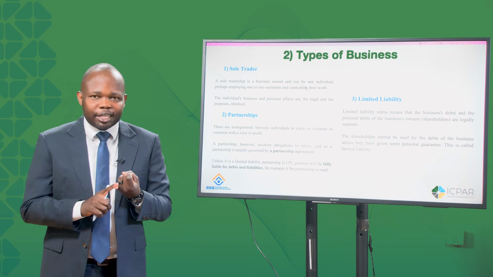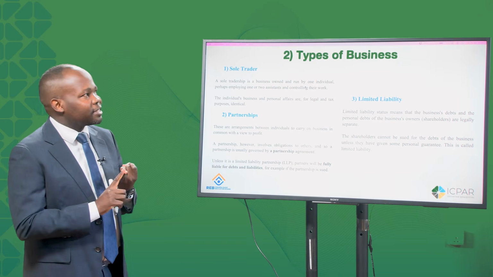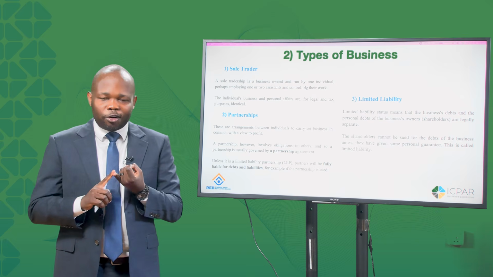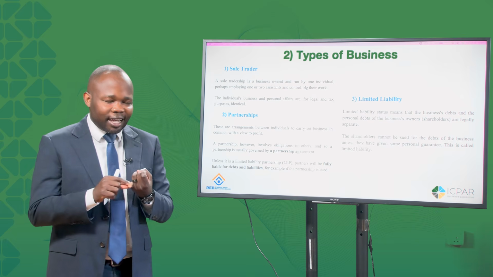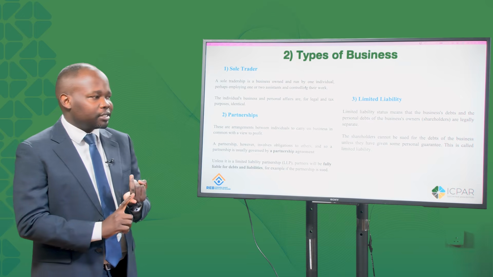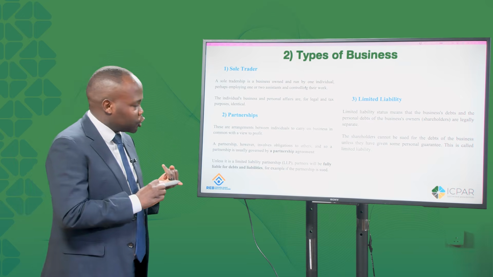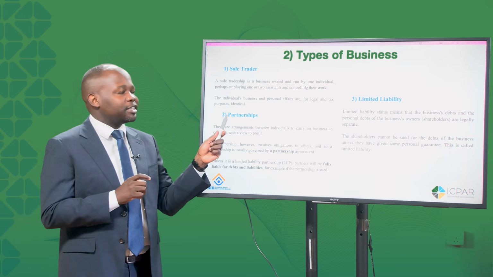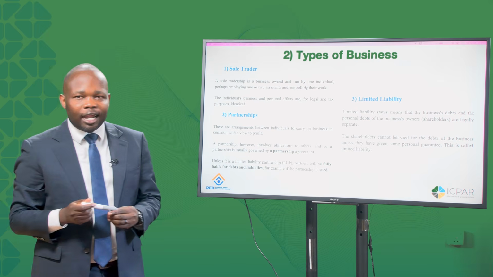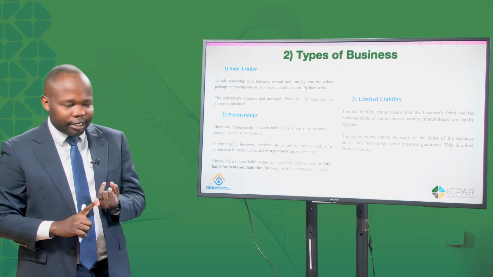The second item in our topic number 1 is types of businesses. From our previous studies, we know that we have 3 types of businesses. The first business is a sole trader, the second business is a partnership, and the third business is a limited liability form of companies.